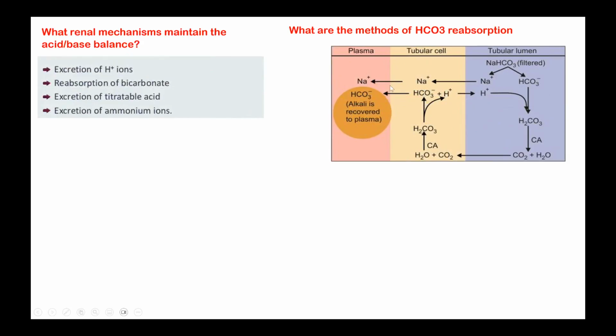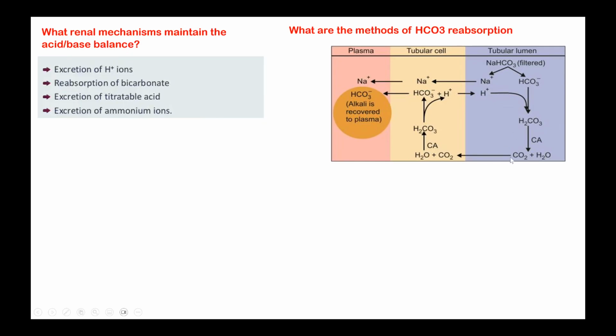So here you have sodium bicarbonate which is filtered into the lumen after the glomerular filtration happens, and sodium is taken up and bicarbonate combines with the hydrogen ion and then forms carbonic acid, and that is broken down by the carbonic anhydrase to carbon dioxide and water.